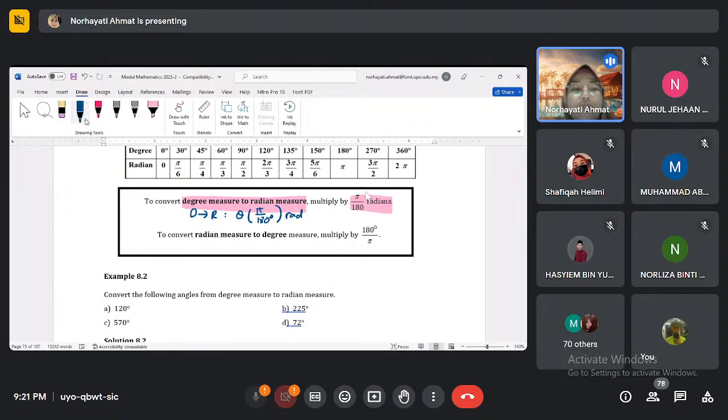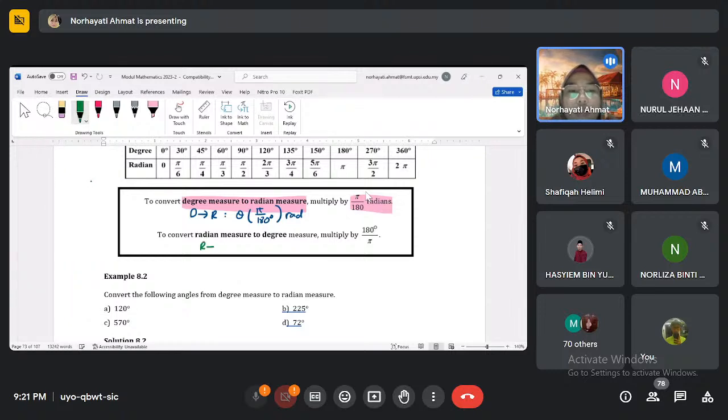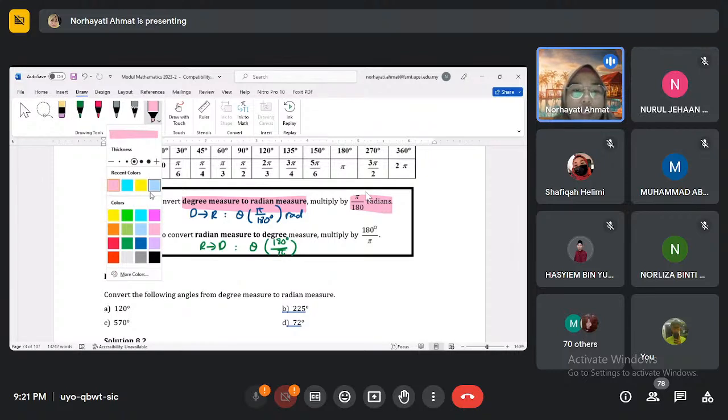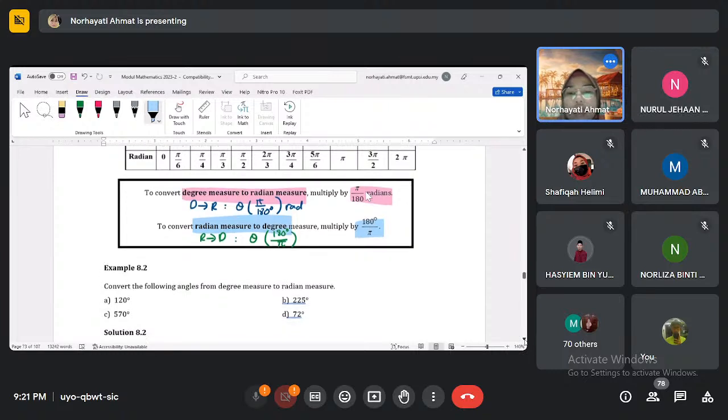Okay, and if we want to convert the angle from radian to degree, so we need to multiply the angle by 180 over pi. Okay, and the answer will be in degree. Okay, other than that, selain daripada cara ni, kita boleh guna juga cara yang lain. Okay, kita boleh guna kaedah ratio. Okay, ratio. Yang bawah sekali.